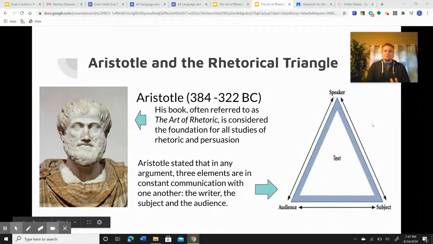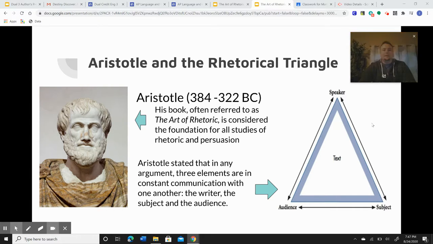What he was trying to do is show that there is basically a back and forth that exists between the speaker, the audience, and the subject, and they're always interacting with each other, and you have to be aware of one to really be effective in the other things. So he stated that in any argument, 3 elements are in constant communication with one another: the writer, the subject, and the audience.